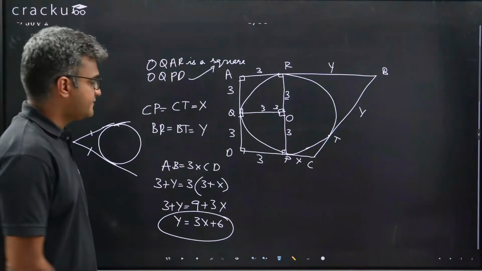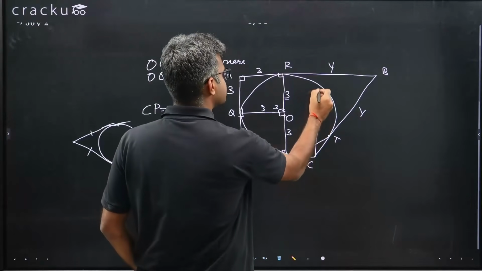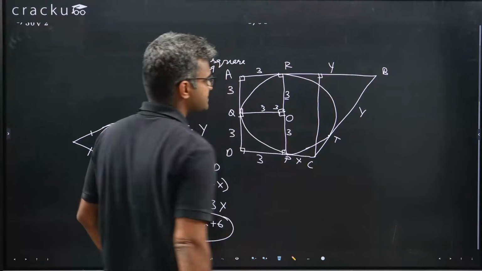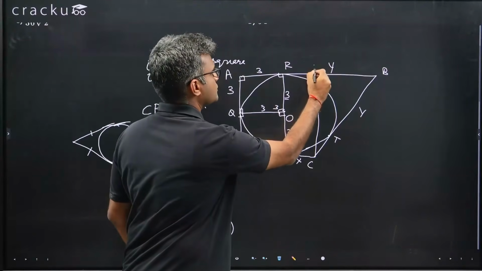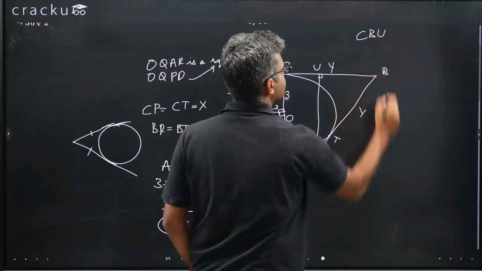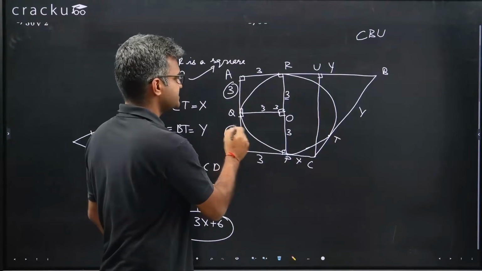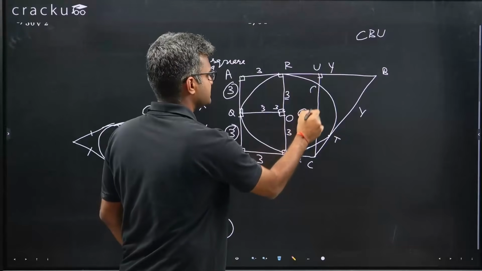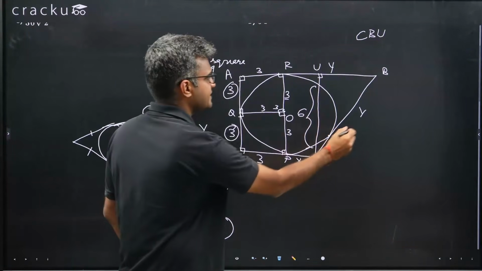Now, if you are drawing a perpendicular from C to AB, something like this, this is 90 degrees. And if say this point is U, if you are looking at the right angle triangle CBU, the length of CB is equal to 3 plus 3, which is equal to 6. What is the length of CB?